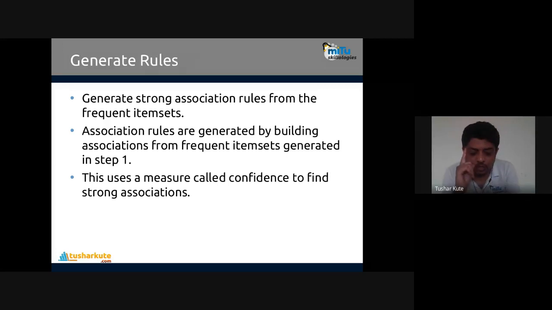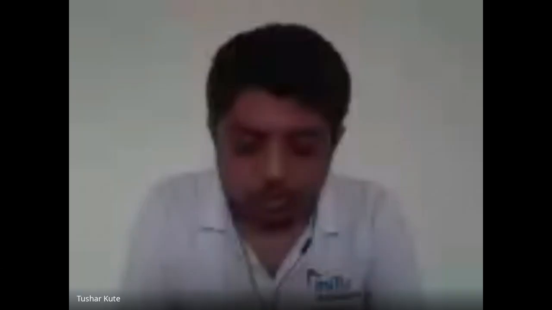Let's see what exactly confidence is. There is no accuracy present here; the strongness of the rule will be checked with the help of the concept of confidence. So there are 3 association properties. First, we have already seen support: the fraction of our data set in which the item set occurs is called the support.